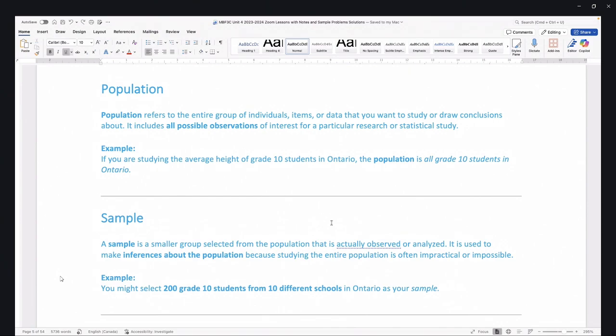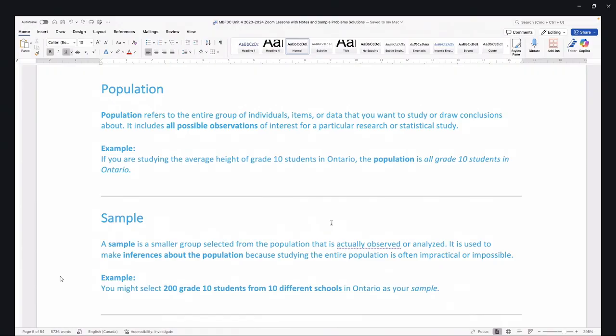So if I'm interested in how tall and how heavy people are in grade 10 in Ontario, and I can't ask everyone, then I'm going to select a certain number of them, not all of them, maybe only a small percentage of them. And then once I've done that, I can use that to make inferences about the population. Okay.